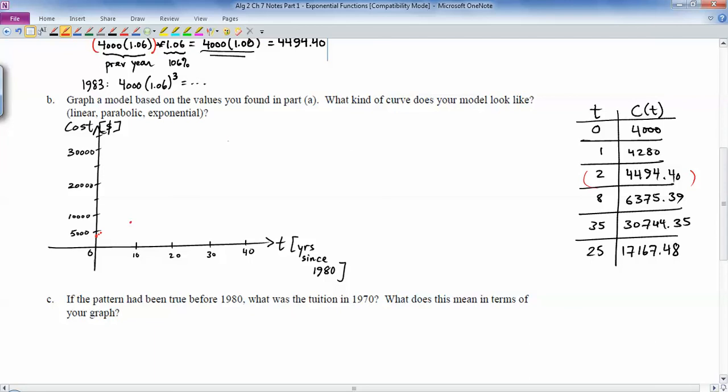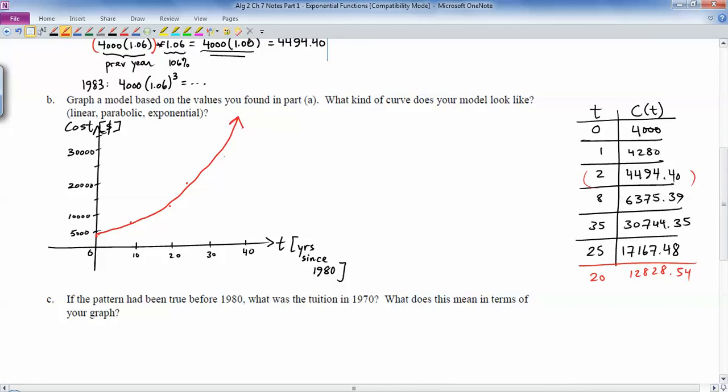Oh, 35. So like around here somewhere. 25, 17,000 would be like around here. If you plotted 20, I'll just tell you now, if you put 20 down, you get 12,828.54. So if we plot 20 around 12,000, like around here, you can kind of tell this thing is not looking like a straight line. It doesn't do this, right? In fact, it looks more like it curves up as time goes on.